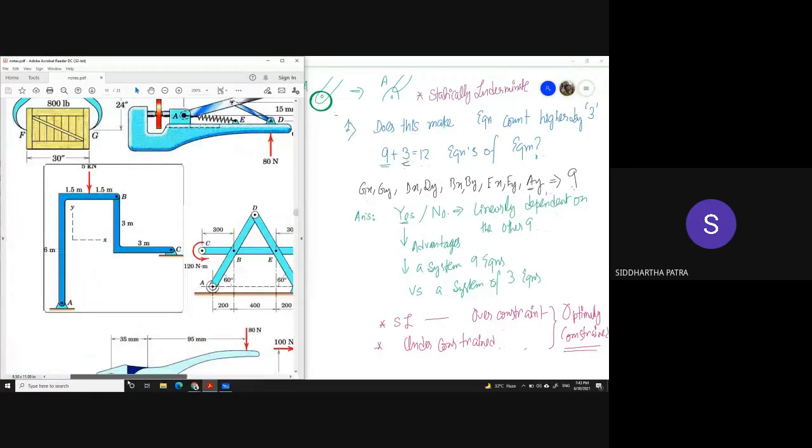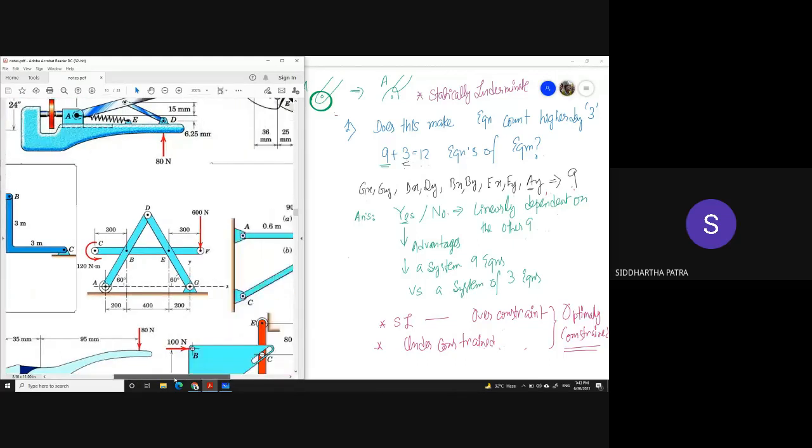The question is this: why is it that in some cases having 4 unknown reactions from the ground makes the system optimally constrained, and in some cases having 3 unknown reactions from the ground makes the system optimally constrained?